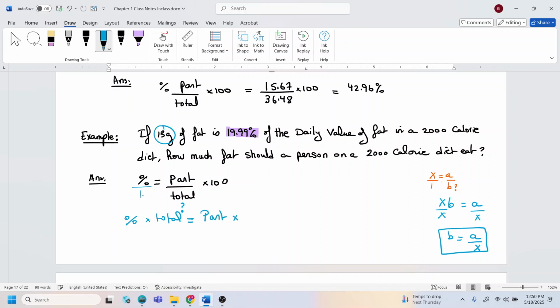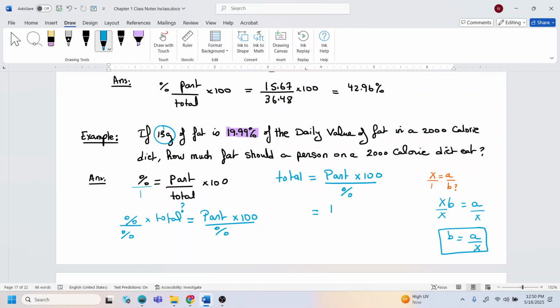So this is part times 100. And then I need the total, so I'm going to divide by the percentage there. So I'm going to end up with a formula that says the total is equal to part times 100 divided by the percentage, and you can write this in your cheat sheet as well.